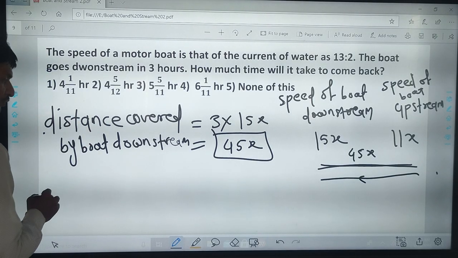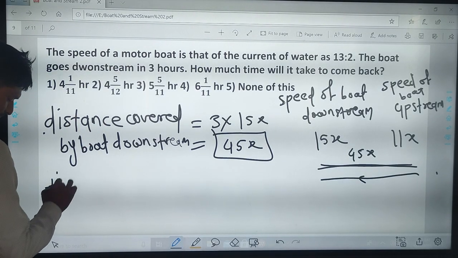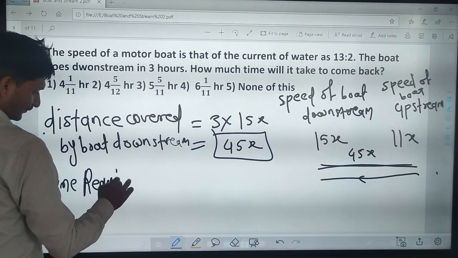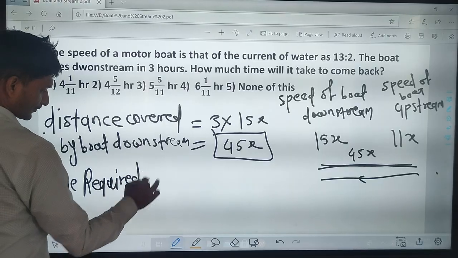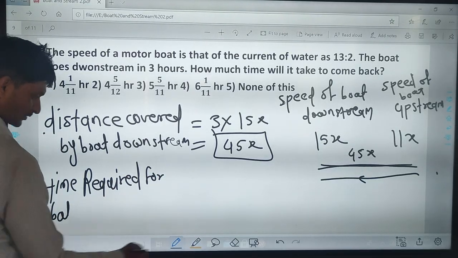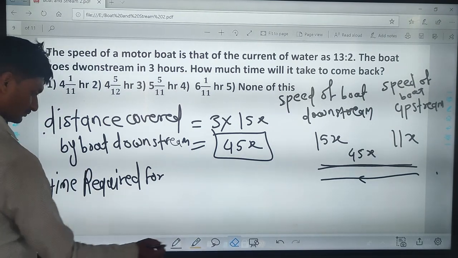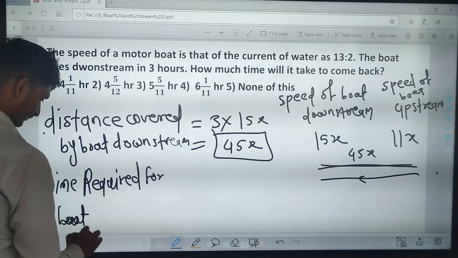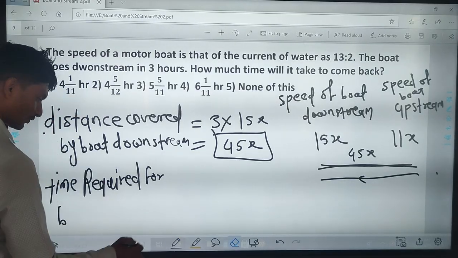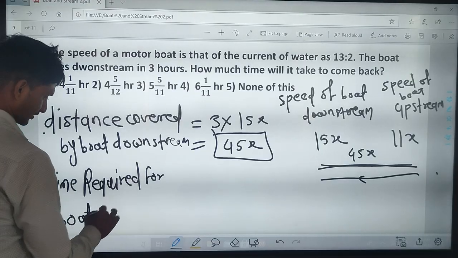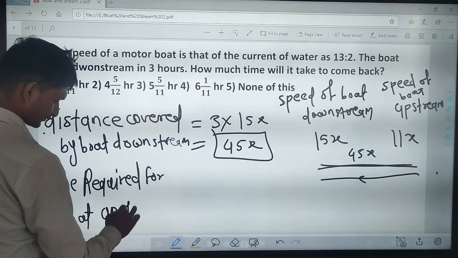Then the time required for the boat upstream.